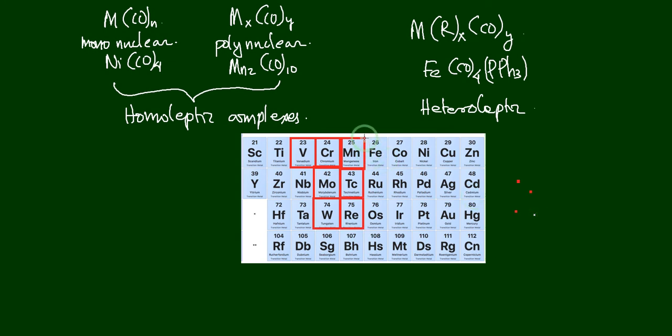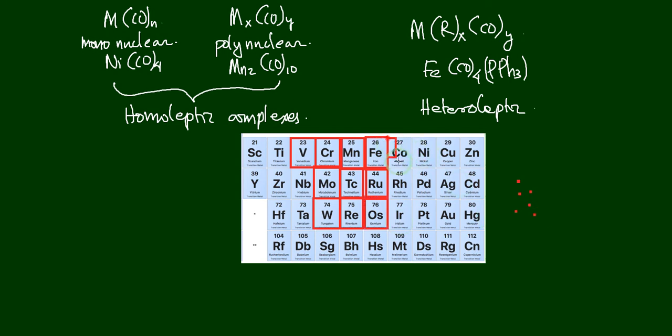Then we move to the next group: iron, ruthenium, and osmium, which will also give the carbonyl complex.